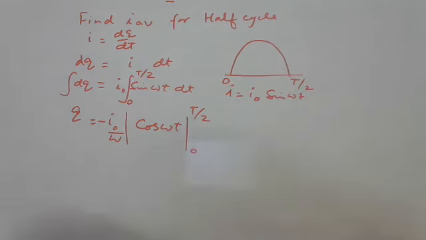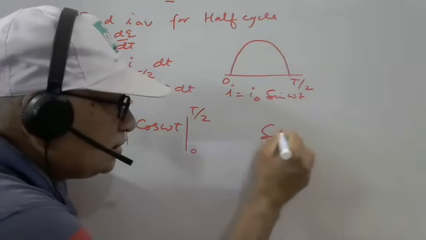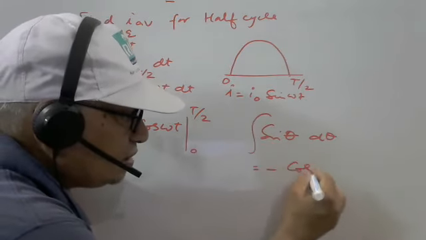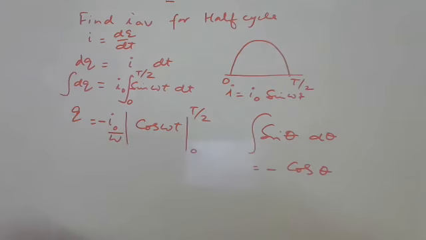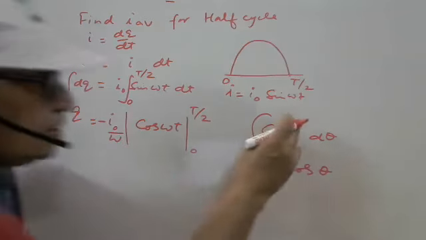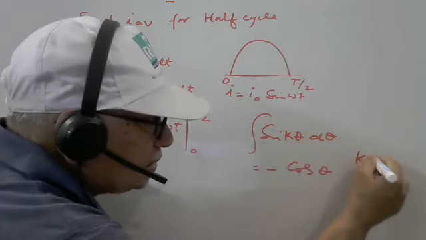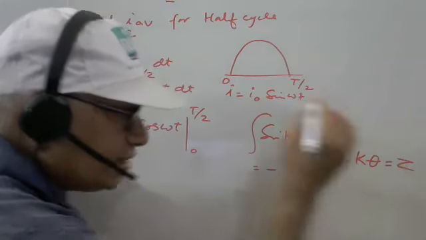Okay, this is the simple formula. Suppose the integral of sin theta d theta, what is the formula? Minus cos theta. But it is not theta here, suppose it is k theta. Take k theta equal to z.